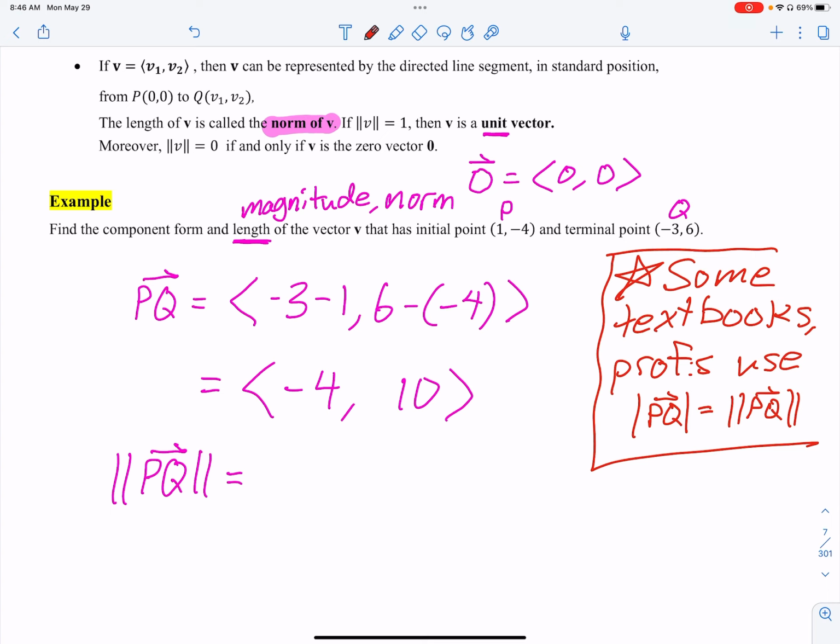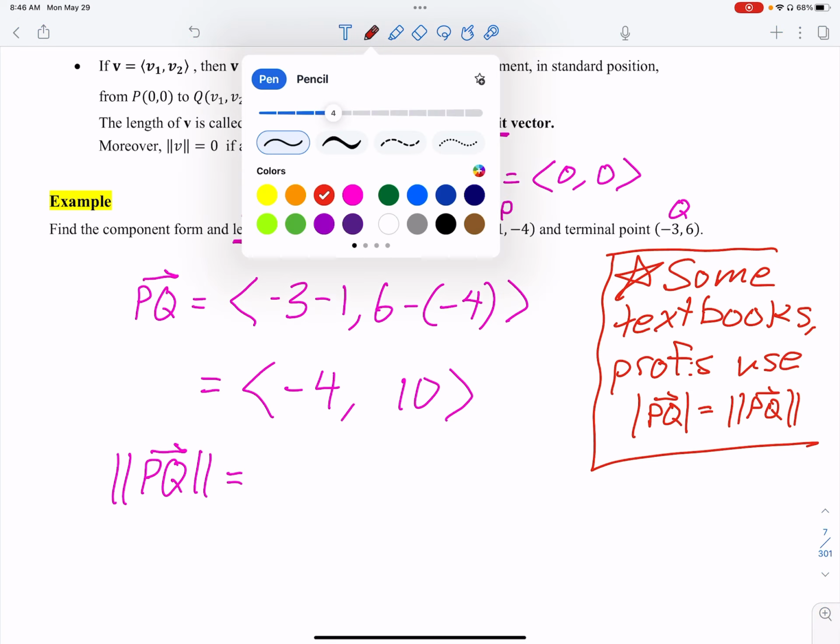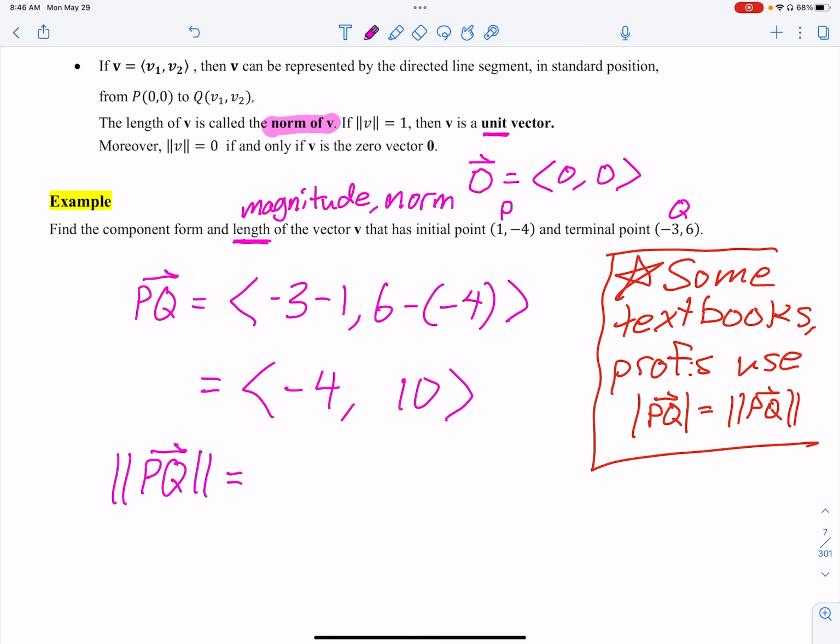A vector is this directed line segment that doesn't live anywhere. So in context, you should never get this mixed up with absolute value. So I don't like using it because I don't want to confuse you and get them mixed up.